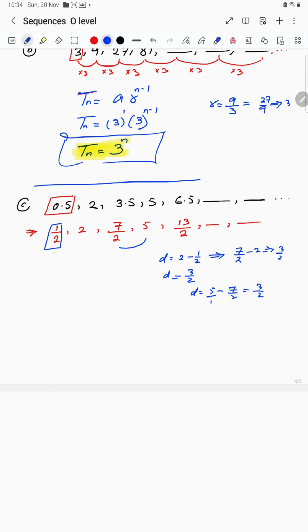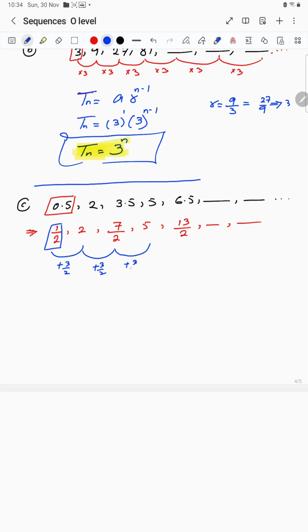So by adding 3 by 2 to the very first term to get the next term, and then keep adding 3 by 2 to the current term to get the next successive term, we have a pattern that represents the linear sequence or arithmetic sequence. So the next term will be 13 by 2 plus 3 by 2, 16 by 2, which gives me 8.